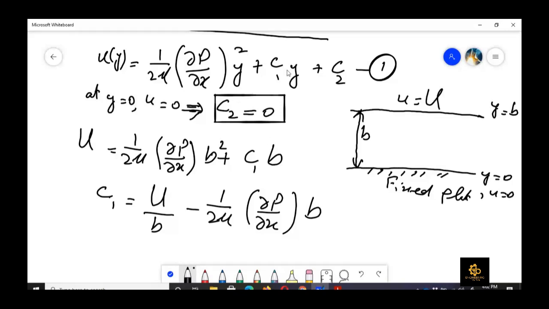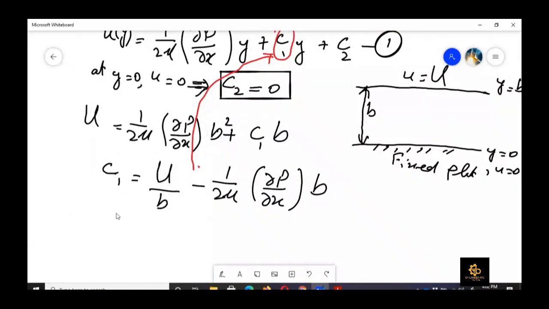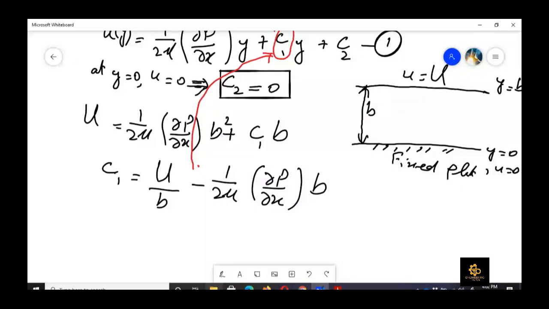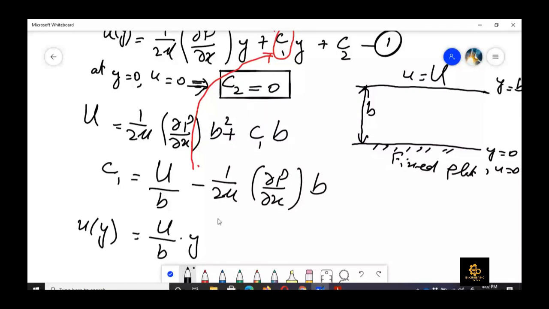Now we need to put this back into the general solution. So u of y is equal to U divided by b into y, and then the next term is 1 upon 2 mu partial p by partial x into y square minus by.